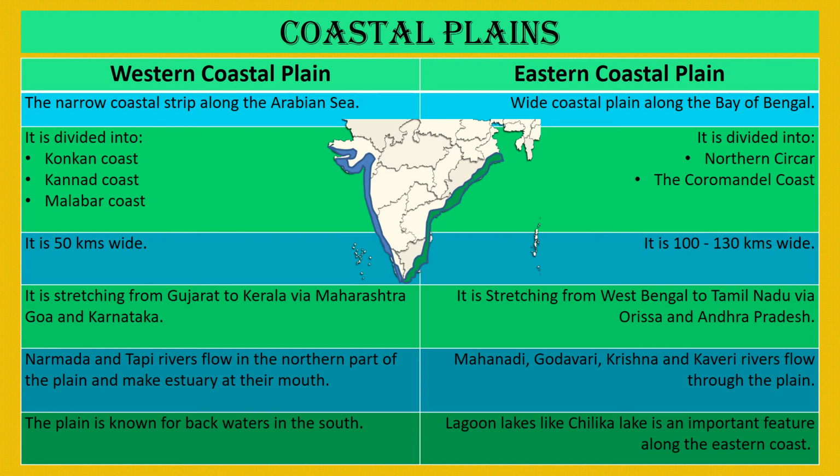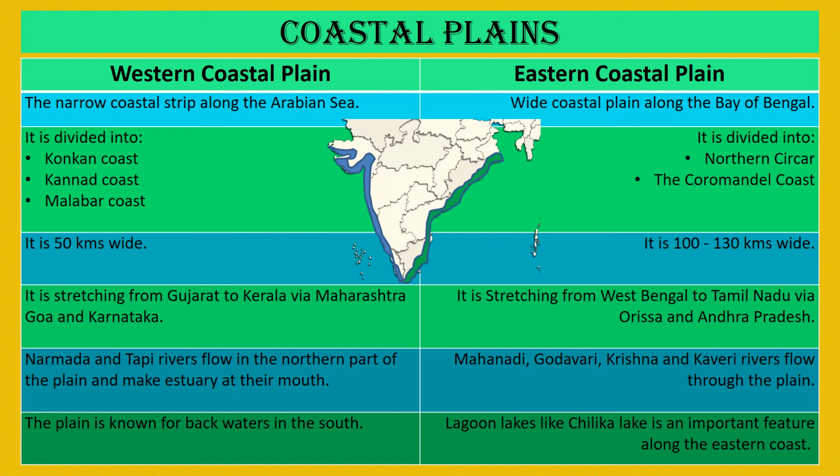Western coastal plain mainly has two rivers flowing through the region, Narmada and Tapi, but both the rivers are flowing in the northern part of the plain. Eastern coastal plain has many rivers flowing through the region. Mahanadi, Godavari, Krishna, Kaveri, all these are major southern rivers of India flowing through the eastern coastal plain.